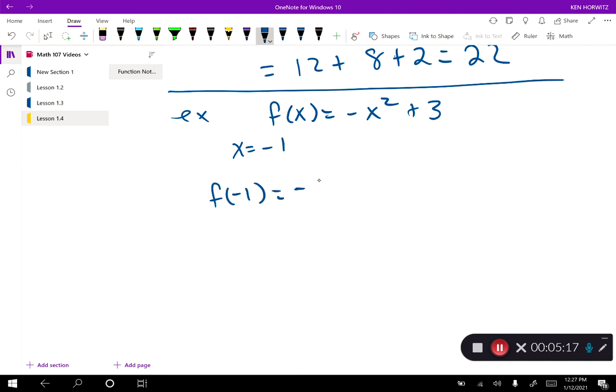I'm going to put my negative on the outside, and remember my x is just a parenthesis. So what am I going to put in that parenthesis? -1. And put the plus 3. So -1 squared is +1, times the extra negative gets me to -1. I still have the plus 3 and it equals 2.